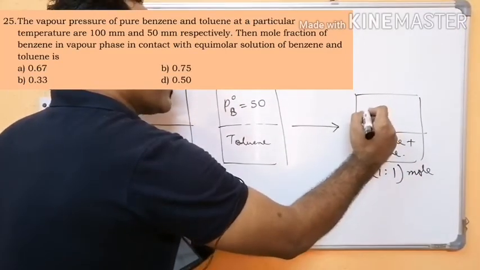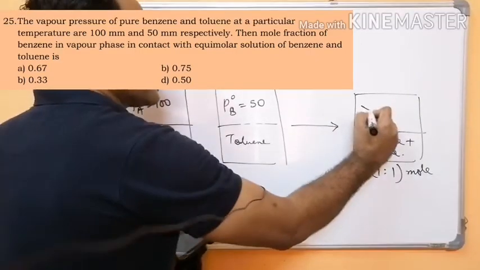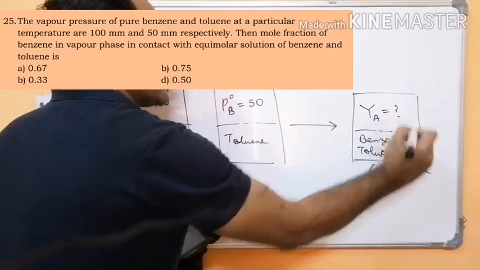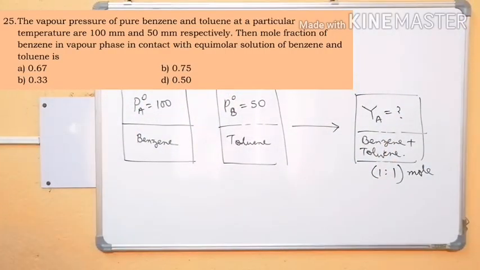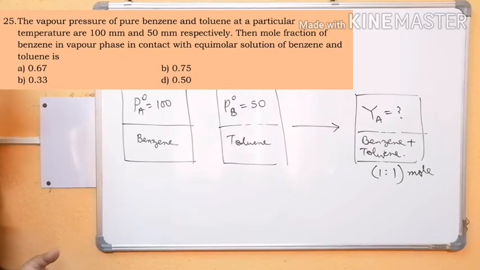So what you have to find out? You have to find out the mole fraction of benzene in the vapor phase, that is Ya. This is what the question is all about.